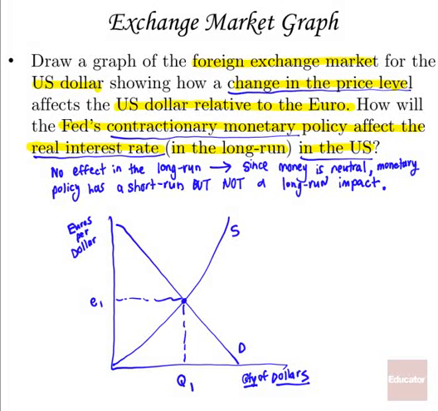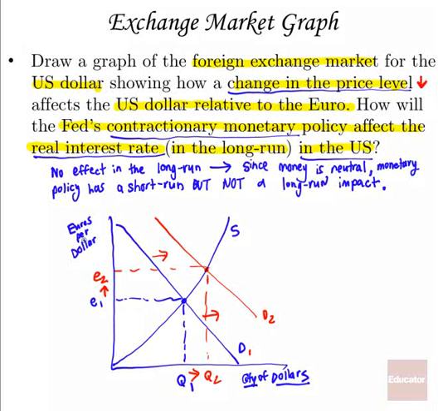Now the price level went down. So if the price level goes down, things become cheaper in the United States, and therefore the demand for US currency is going to increase. So demand increases from D1 to D2, and you have Q2 and E2 right here. The quantity of US dollars is going to increase because the demand for US dollars increases.